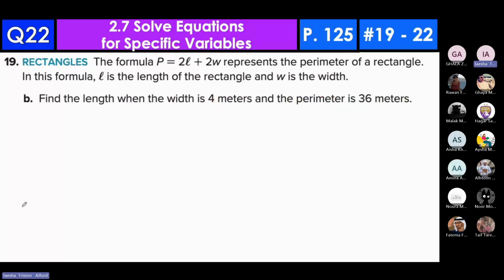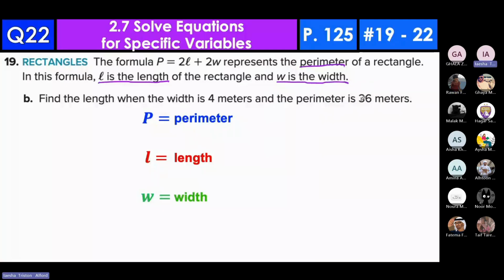The next thing, part B. They want to find the length when the width is 4 meters and the perimeter is 36. So part 2, you have to write what are the variables. P is for what word? Perimeter. L is for what word? Length. And W is for what word? Width.